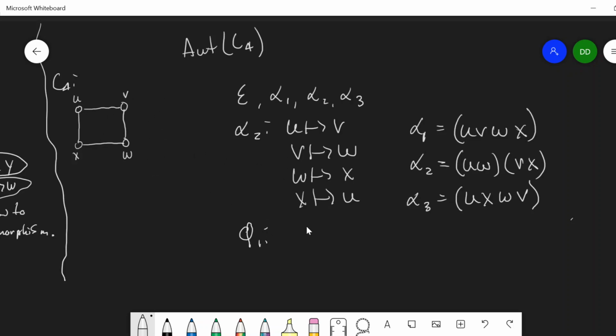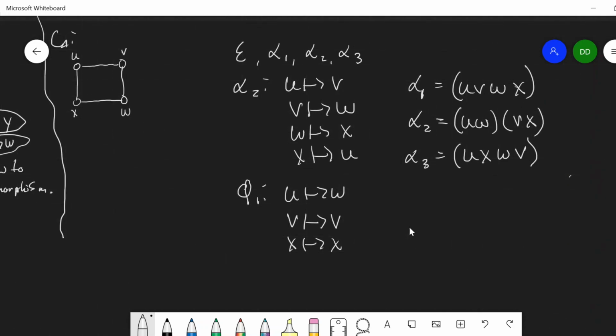If I send U to W, like we do in alpha 2, that rotation by 180 degrees, I don't have to send V to X. I don't have to rotate the whole thing. If U gets sent to W, I could also send V just to itself. V gets sent to V, and X gets sent to X, and then W will get sent to U.